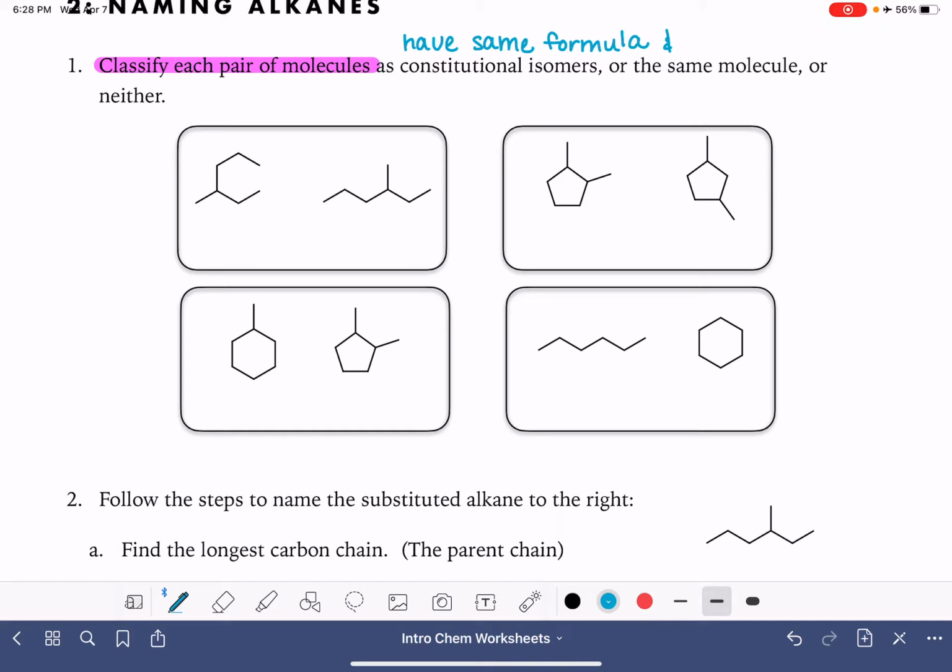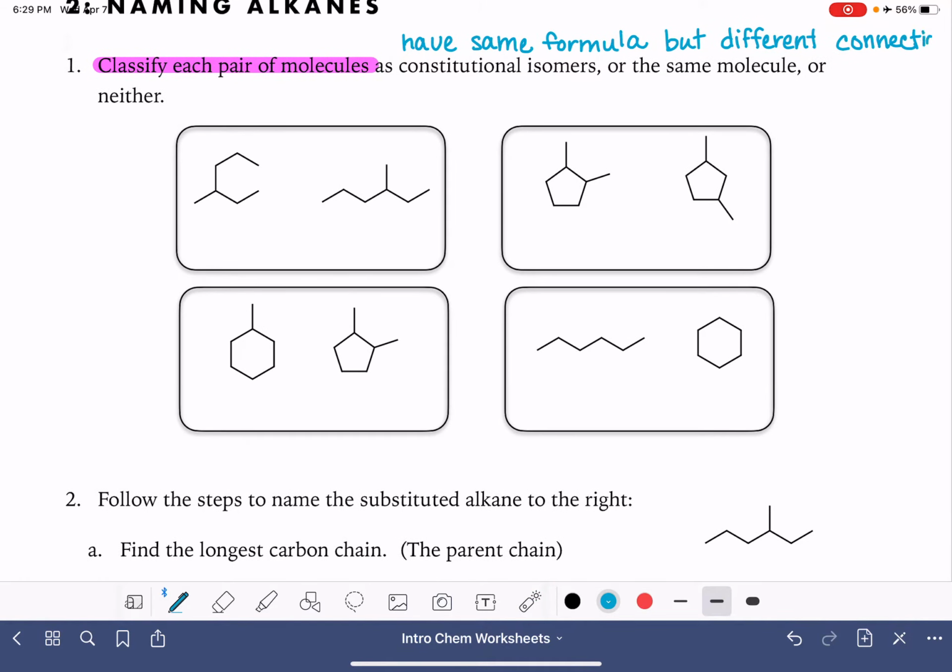So they have the same formula, but they have different connection of atoms in the molecule. So that's what we're looking for if we're looking for constitutional isomers: two molecules that have the same formula, but the atoms are connected in some sort of different way.